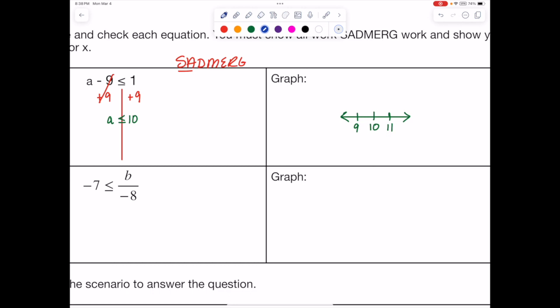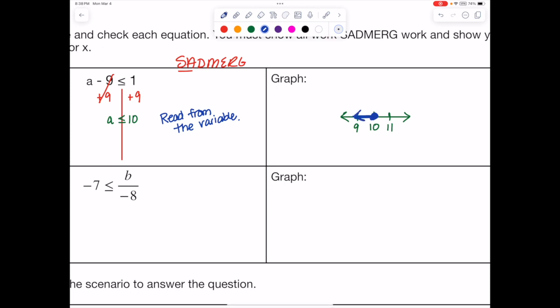Let's look at the circle. I see the circle, so we're going to fill this in with a different color, and then we always read from the variable. It says A is less than or equal to 10, so less than means to the left.